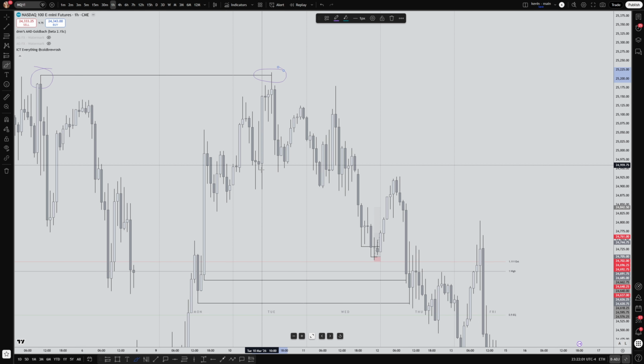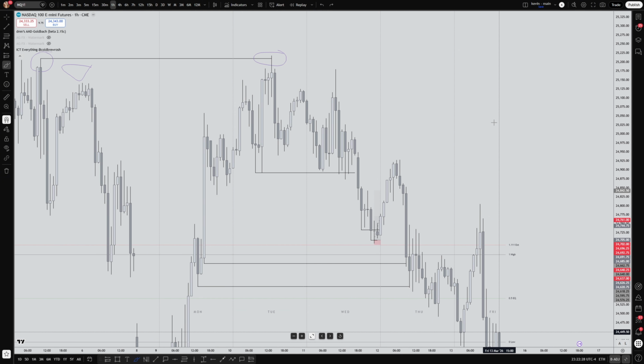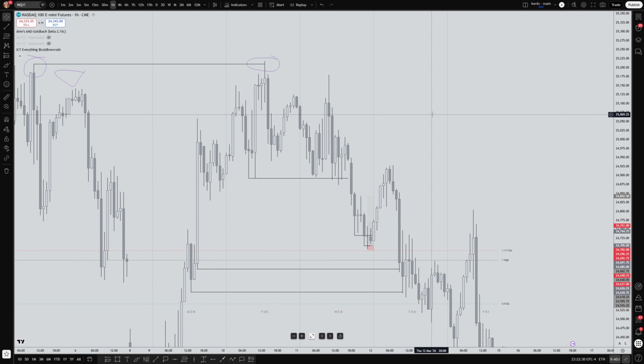So that low is important. Because if we keep dumping from this low, then we're actually bearish. But if we see some sort of reversal, then this is truly the reversal and this is the next draw on liquidity. That's my thinking for every high and low, high time frame, low time frame.